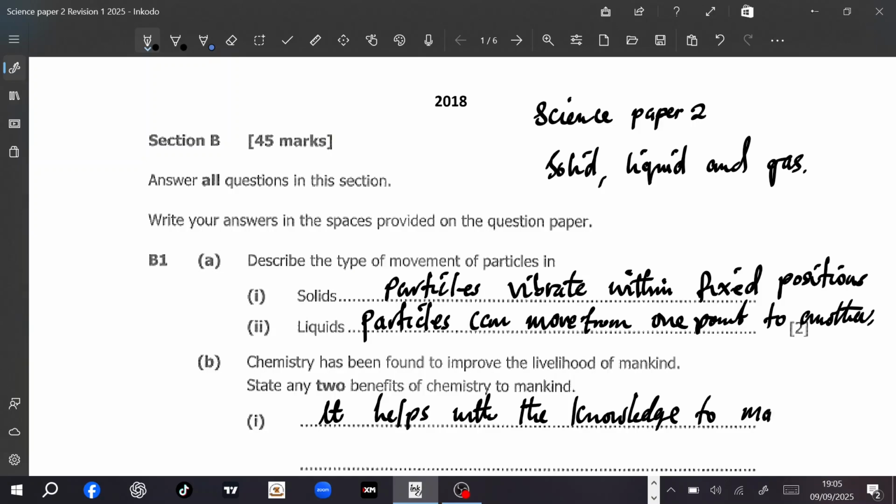To manufacture is the same as to make. Manufacture fertilizer used in what? In agriculture.